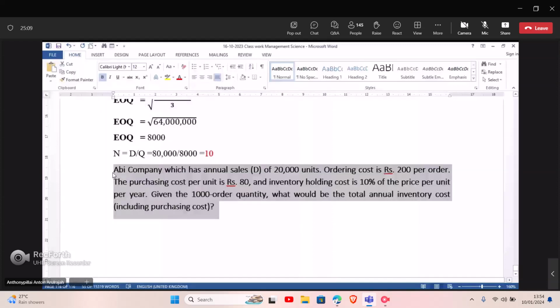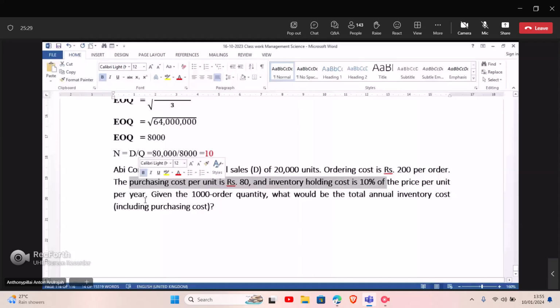The ABC company has annual sales of about 20,000 units, ordering cost is 200, purchasing cost is 80, and the inventory holding cost is 10% of price. So given the 1,000 quantity, what would be the total inventory cost including purchase? Be careful here.